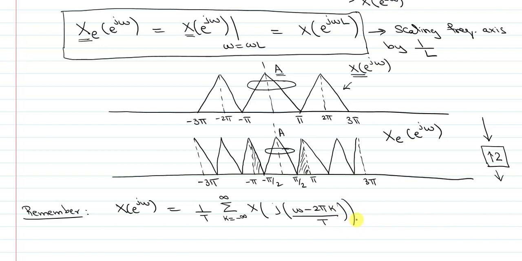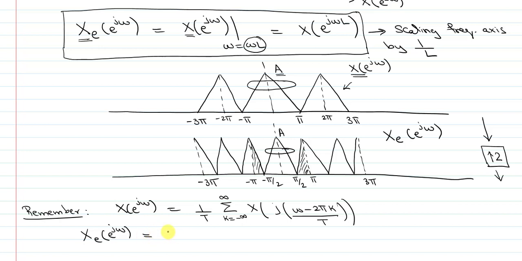So we know that relationship. Now we know also the relationship between this sequence and its upsampled version. So all we have to do is just replace ω by ωL, and we will get back the Fourier transform of our expanded sequence as a function of our continuous time Fourier transform.